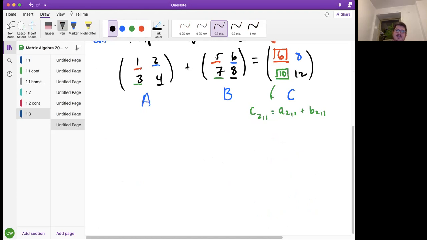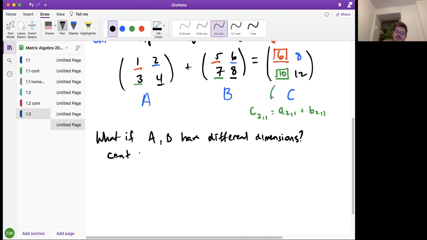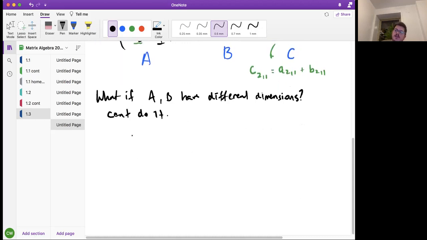So that's the caveat to this. What if A and B have different dimensions? You just can't do it. You cannot add two matrices of different dimensions. And think about it as the definition. There might be entries that are not accounted for, right?